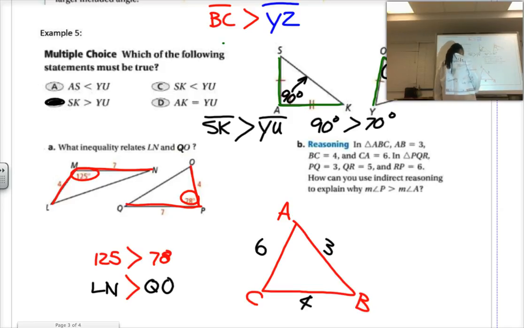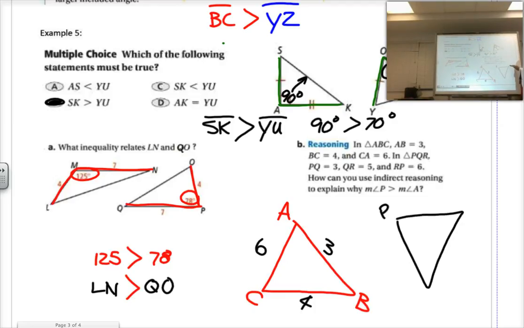And then in another triangle, PQR, PQ has a measure of 3, QR has a measure of 5, and RP has a measure of 6. And what type of indirect reasoning can we use to explain why the measure of angle P is greater than the measure of angle A?